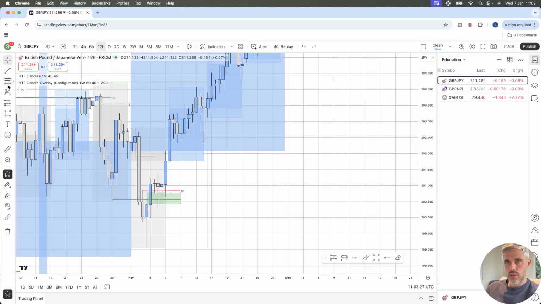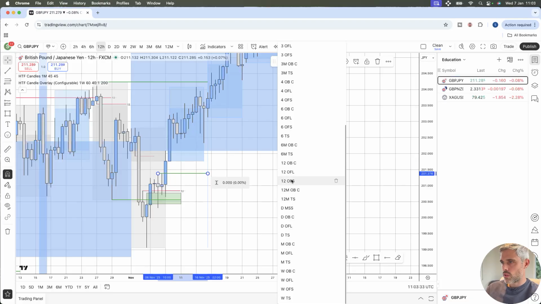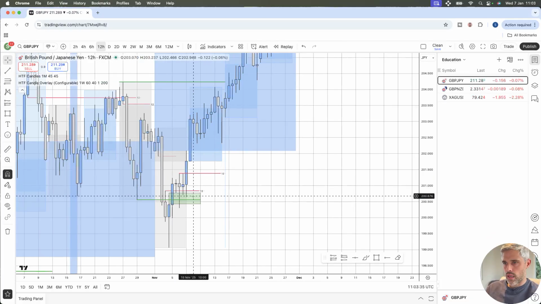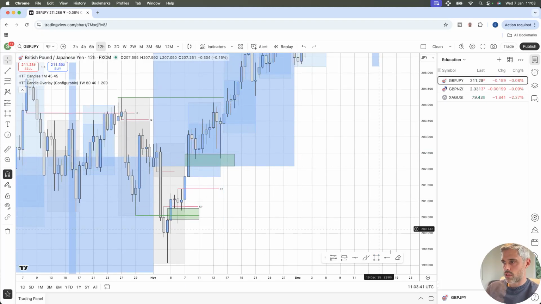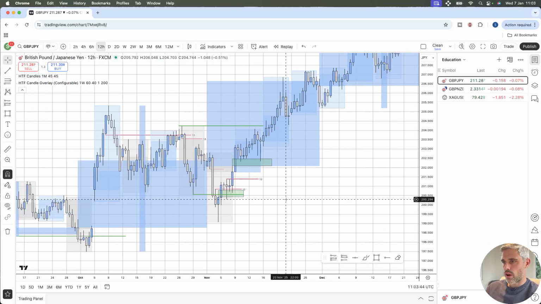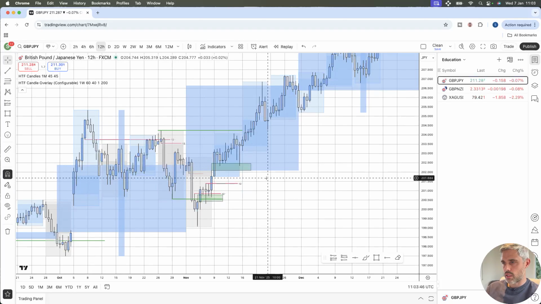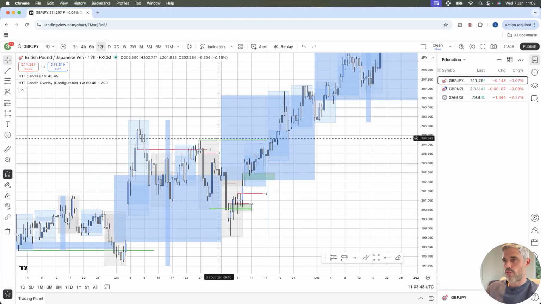And then what happens? You get new order block right there, and then you get new fair value gap there, which again gets respected to go higher. So you can very easily time trades off these areas, knowing that you have very clear targets to hit.